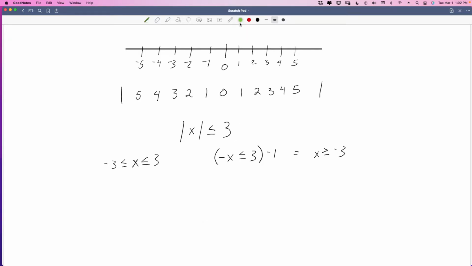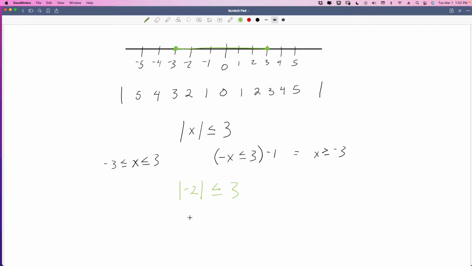Let's take this, this green right here, and I'm going to include, by filling in the circle, the negative 3, and I'm going to include the positive 3 and fill that line in. Now the reason that makes it a true statement is because I could say the absolute value of negative 2 is less than or equal to 3.